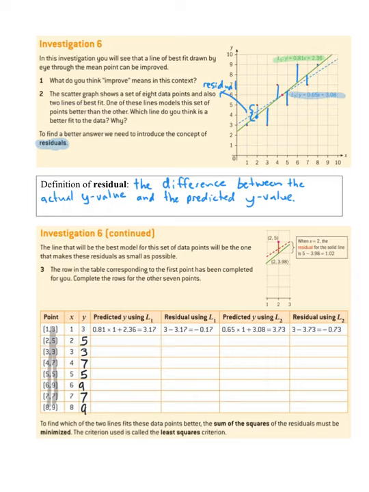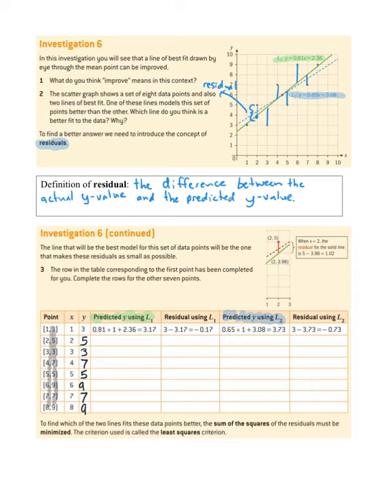This shows the calculation here, but it's a little tricky to follow, so I'm going to help you out a little bit. The first one is predicted using line 1, which is going to be green here. Then predicted using line 2, which is the blue line. We're taking the equation from up above, plugging in the x value, and solving for y.